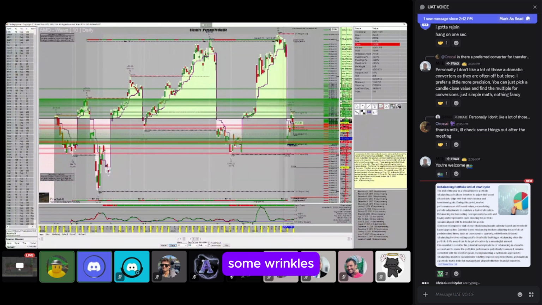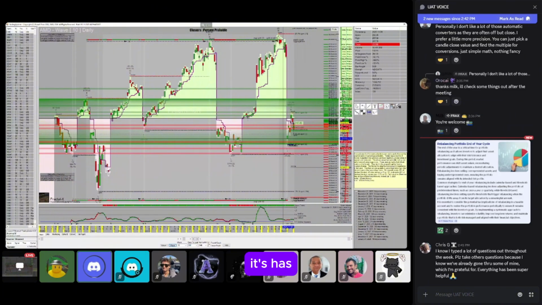There are still some wrinkles we're working out. It has the same code base as the regular Fractal system, but the interface is much less. It won't have all the features that the one we connect into has.